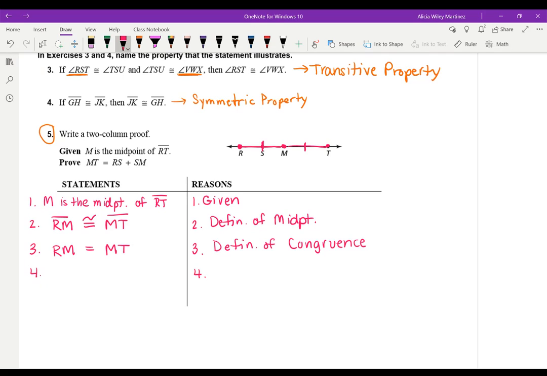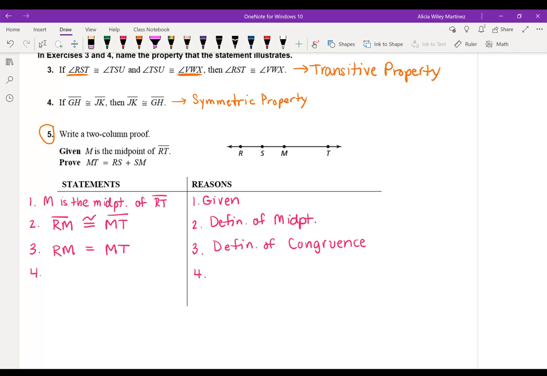Okay, next thing. I see in my proof statement, so I'm going to erase my picture here, that I have something with an RS and an SM, and I see that those two segments, RS and SM, combine together to give me RM. And remember, when you have a part plus a part equals a whole, that is an addition postulate. And since this is segments, I'm thinking segment addition postulate, right?